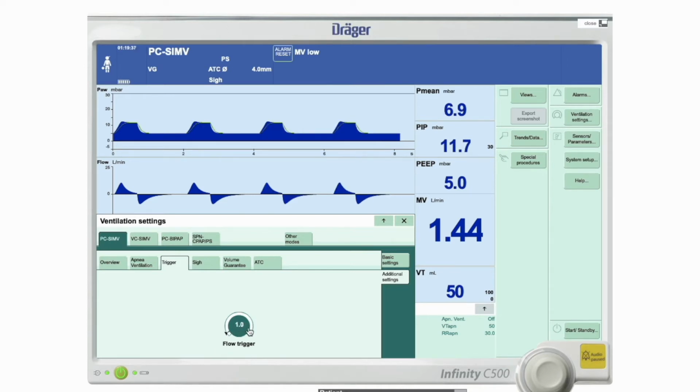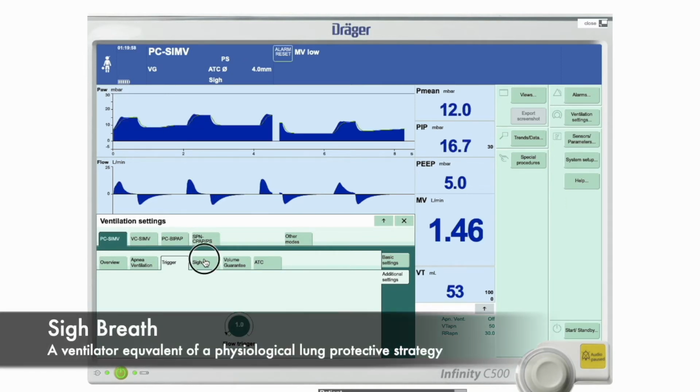It's about anything down to 0.2 in very, very small neonates, and it's set to 2 in adults. So those would be the default settings. But yes, this is on by default, so if you didn't do anything about it, it would be there anyway. So let's move on to the next setting, and that's the sigh breath.